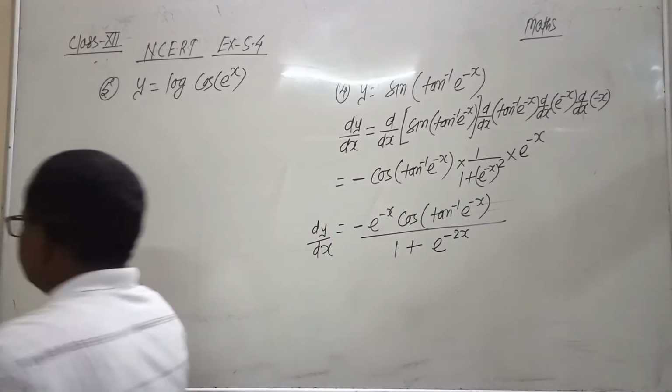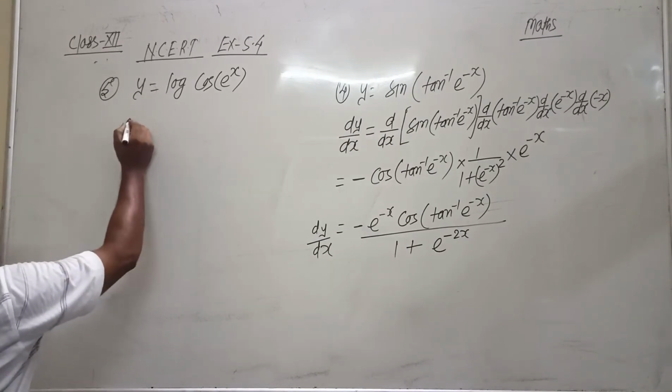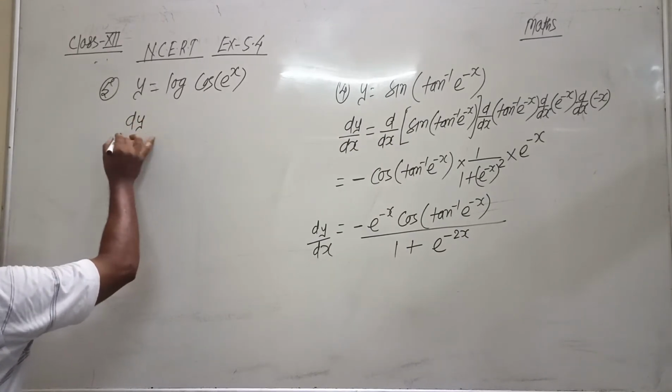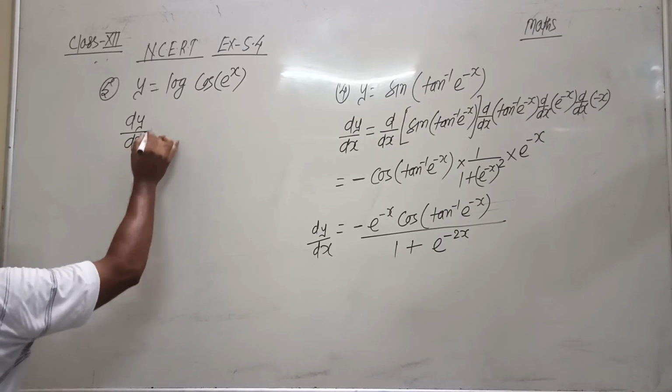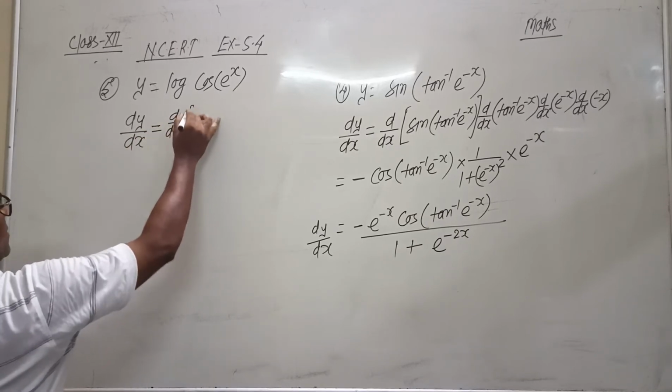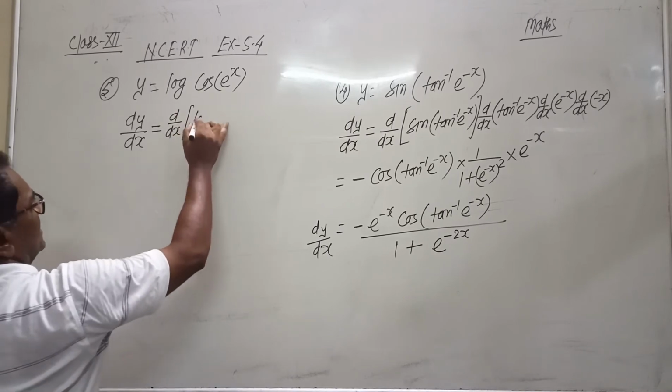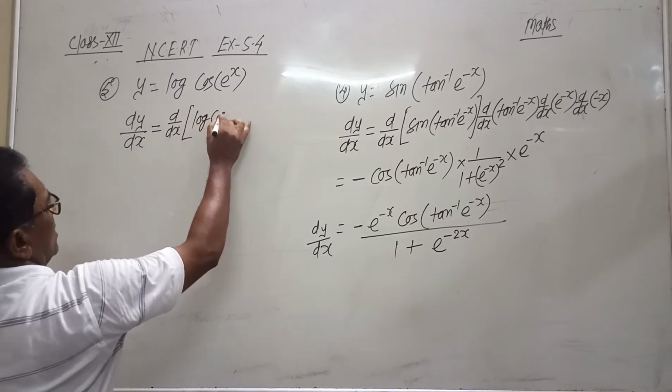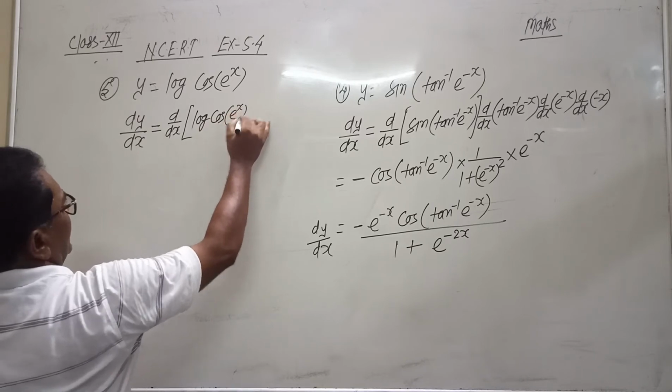So firstly we will write in differential coefficient form, d by dx of y means dy by dx. This is written as d by dx of the whole term, means log cos e raised to the power x.